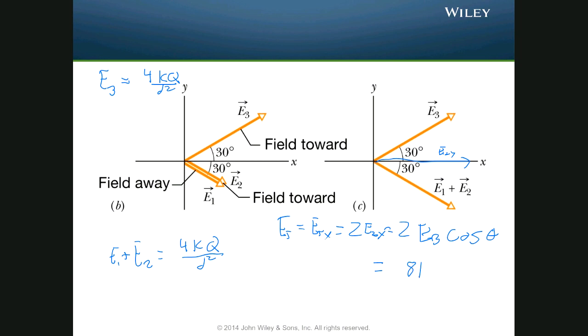And that's going to equal 8Q over d squared times cosine of 30 degrees. Now, if you want to get numbers to see what this might look like, let's use Q equals 10 nanocoulombs, like before.